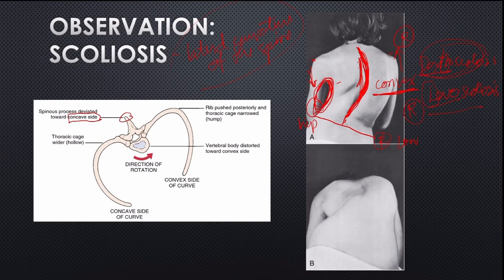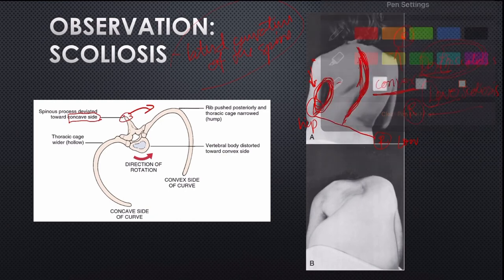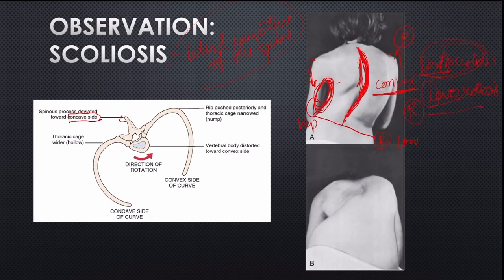So when the spines are rotated here, or rather, for this picture, it's rotated over here. Then rotation of the vertebral body is also happening on the opposite side.